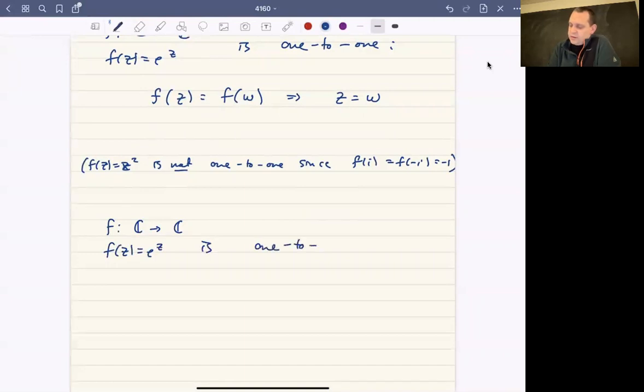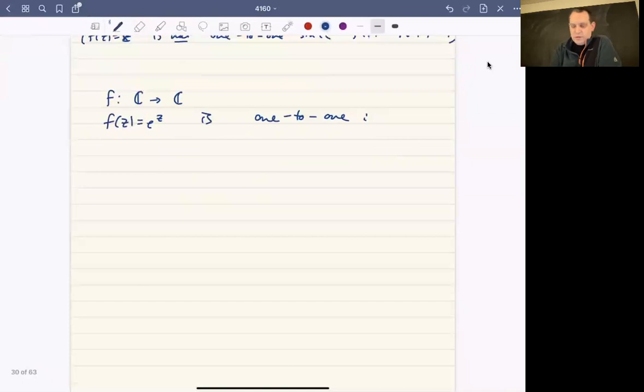And the reason why we know this is a 1-to-1 function is that if you were to take f of z equals f of w and set them equal, that would imply that e to the z is equal to e to the w.